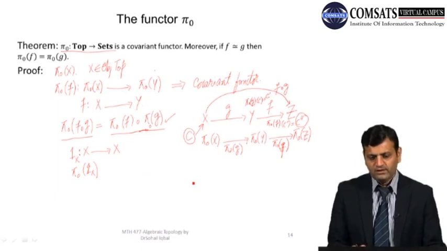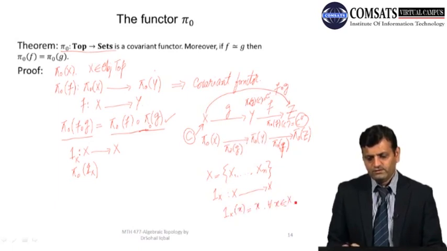For example, if X has path connected components, let's say X1 up to Xn, and 1_X takes elements of X to itself, for all x belonging to capital X.